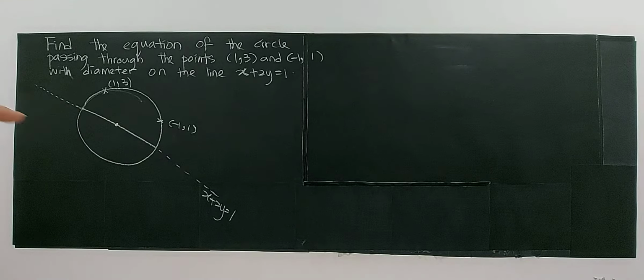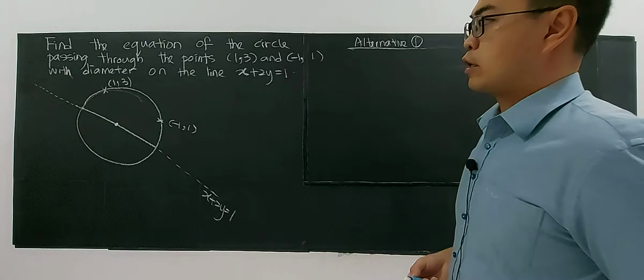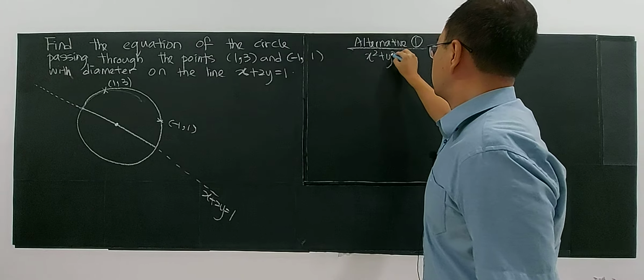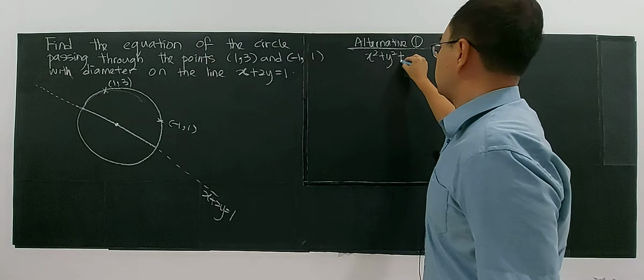I'm going to introduce two alternatives. In this video I'm going to introduce alternative one, method one. We can use the general equation, as they ask you to find the equation of the circle.